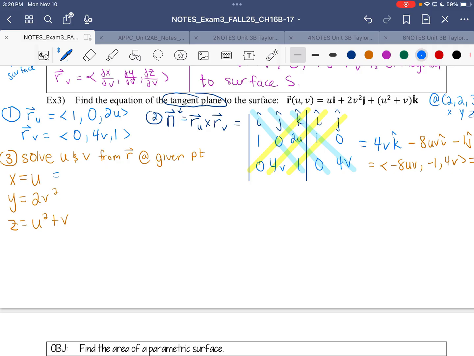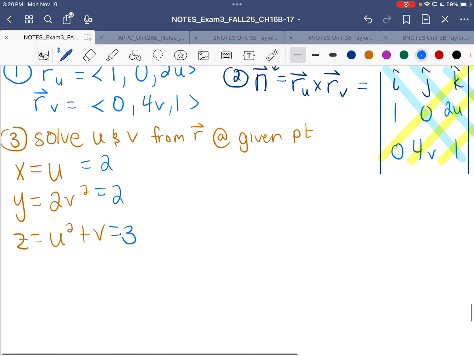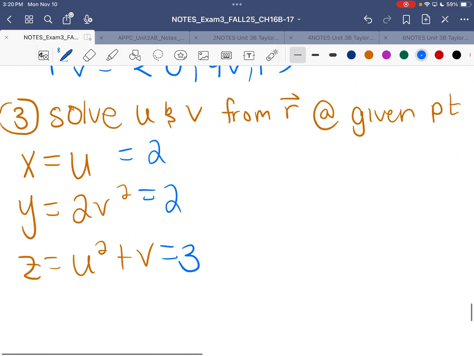So we can set these equal. It's pretty easy, I think, to solve for U in X, right? So U is equal to 2. What would V be equal to? Plus and minus 1.